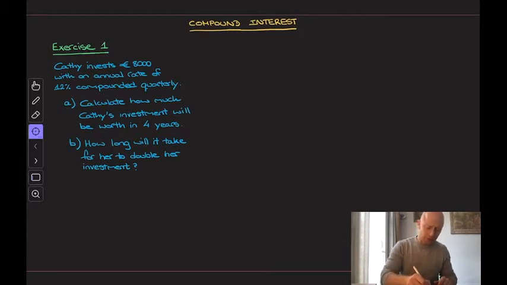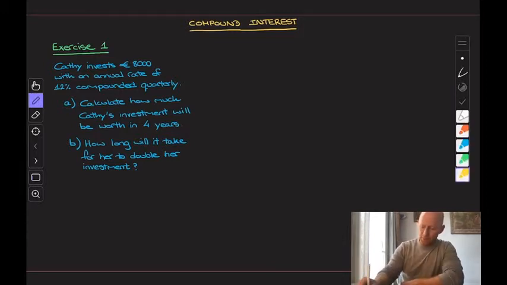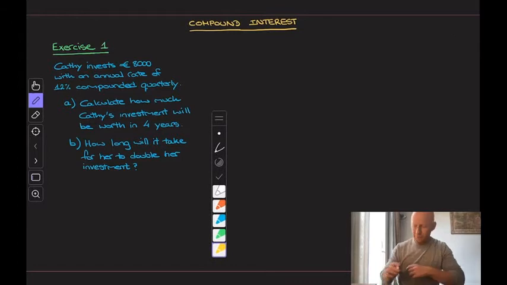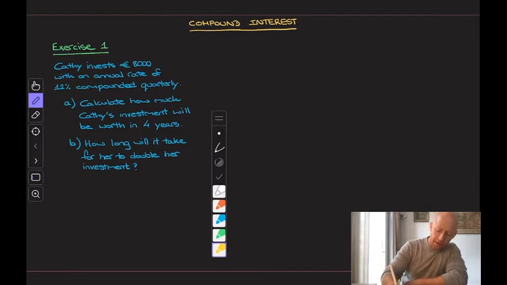So let's see. First, I'll remind you of the formula that we saw last time, and this time we'll define everything quite nicely. To calculate how much an investment will be worth, which I'll call the amount A, when I invest an initial amount, which I'll call P, at an annual rate R, which is compounded n times per year, we can write this.